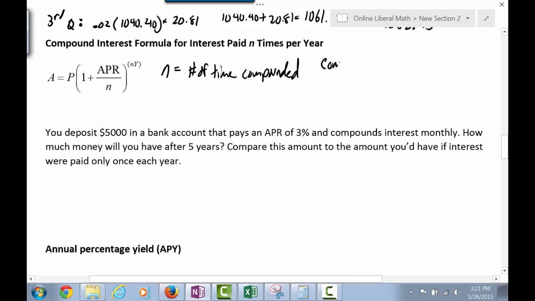If we say compound annually, that would mean N equals 1. That's the case we started off with, so it's not that exciting. If they say compound quarterly, like we just did, that means they're going to go into our account 4 times a year.